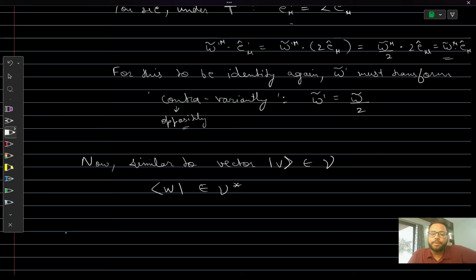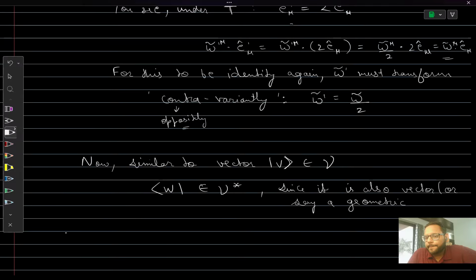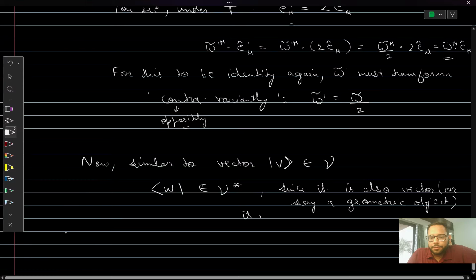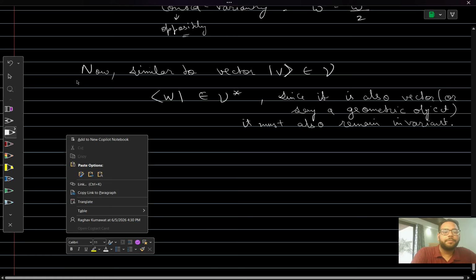Since it is also a vector, or say a geometric object, it must also remain invariant. It must be the same under any transformations.